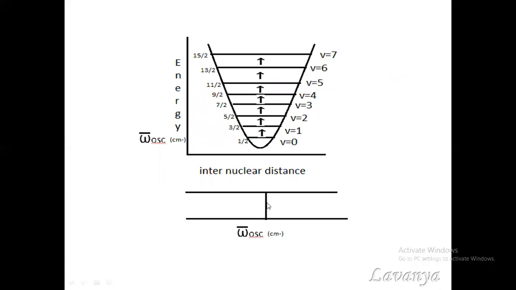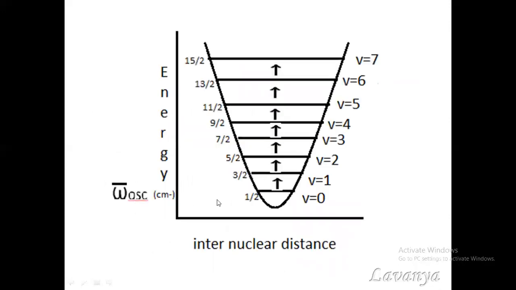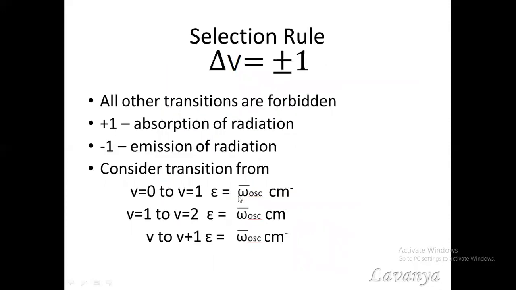This is represented as omega bar oscillation. The selection rule for this IR spectrum is delta v is equal to plus or minus 1. Here, plus indicates the absorption of radiation and minus indicates the emission of radiation. And if you calculate the difference, the gap between any two energy levels is the same, which is equal to omega bar oscillation.